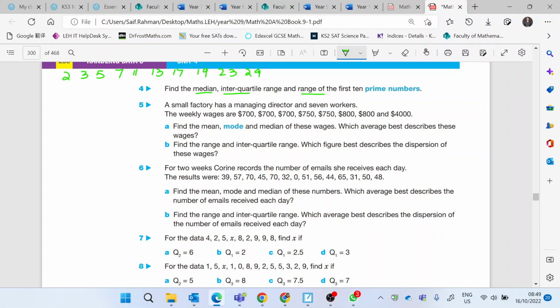Okay, so these are the first 10 prime numbers.